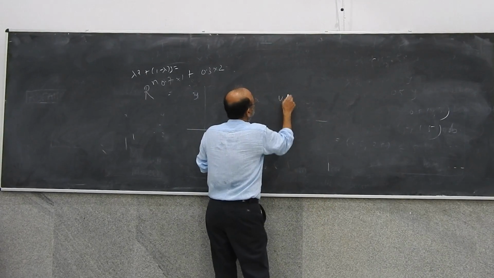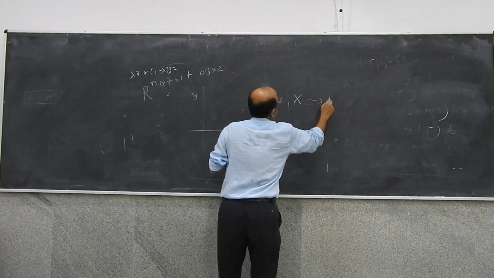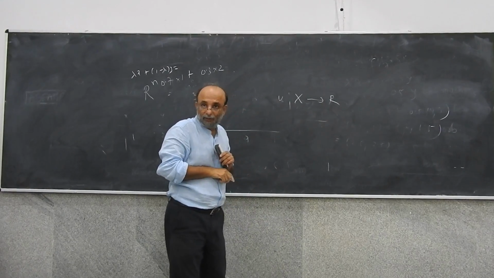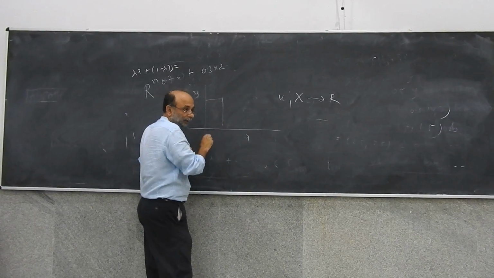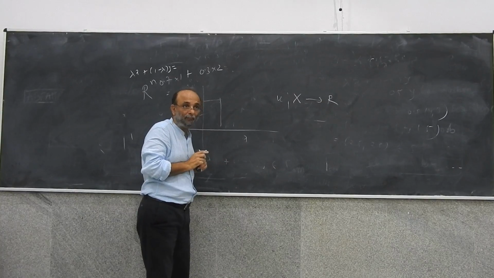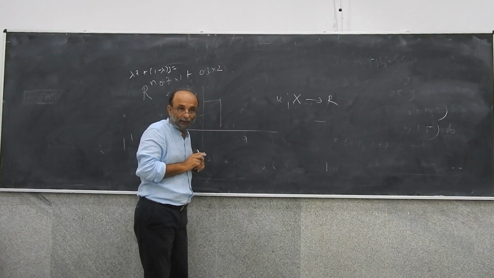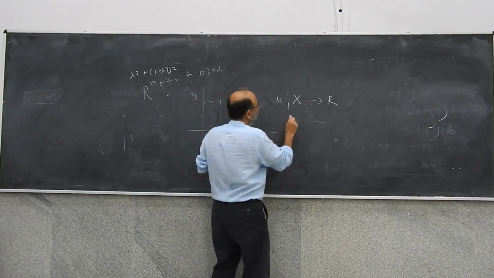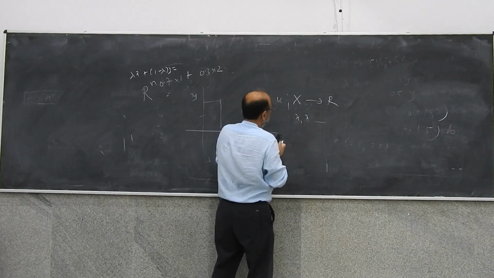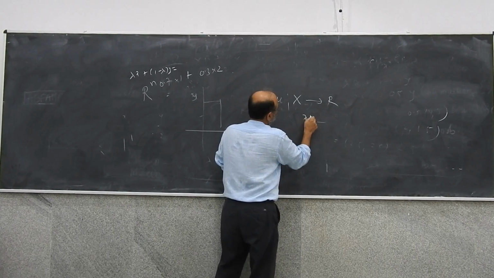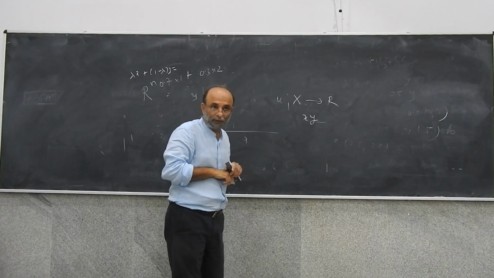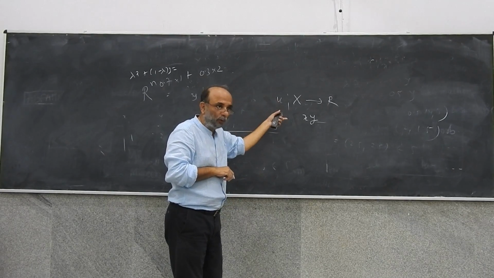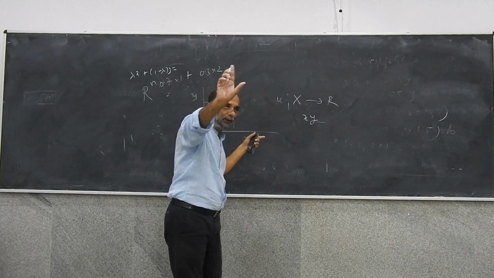We are having a function from this space to R. With each x1, y1, x2, y2, we are associating a real number. Suppose the function is x1 times y1: whatever x you consume times whatever y you consume, that is the utility that you get.